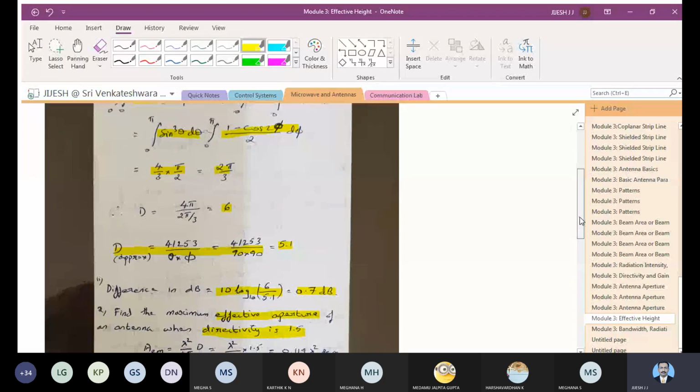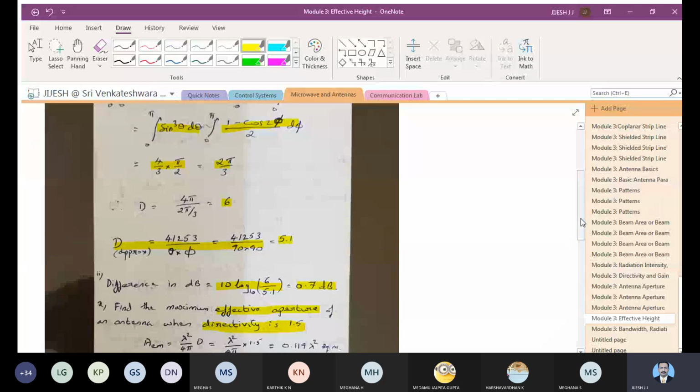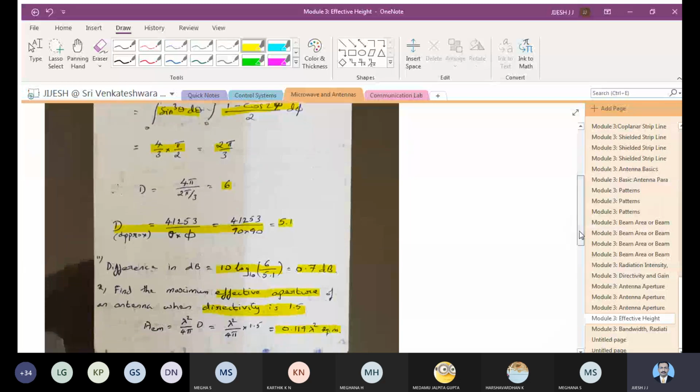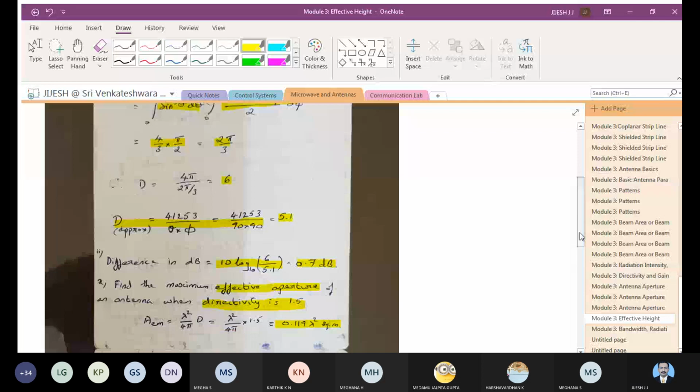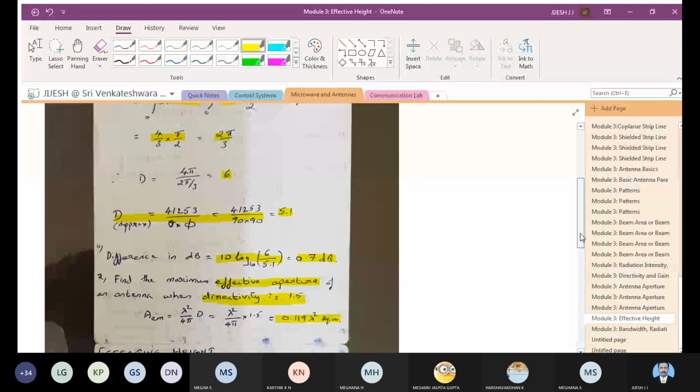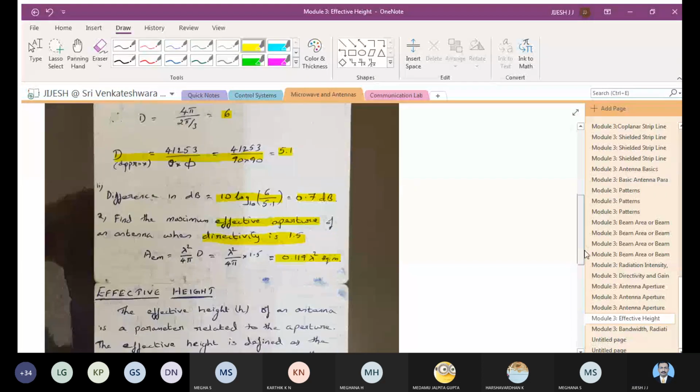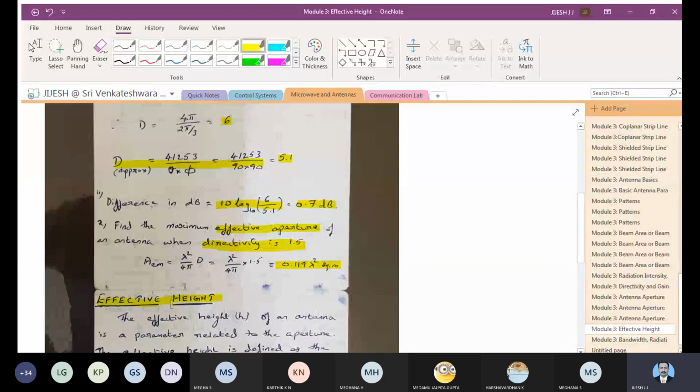So you will get it as 0.119 lambda square meters is the unit for that. So it's a very easy, simple problem. Use the direct equation. Lambda is not given for you, so you write it in terms of lambda itself. So 0.119 lambda square.